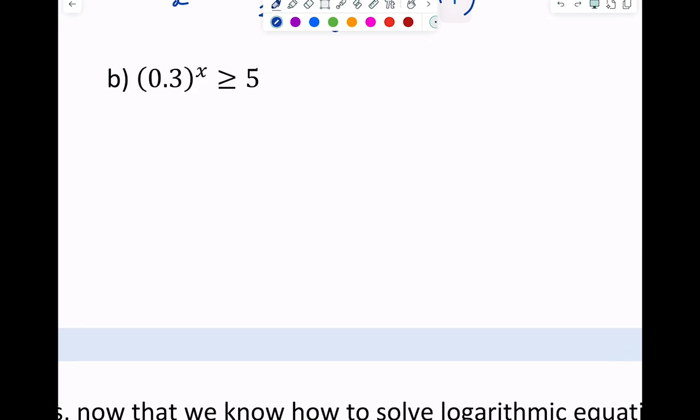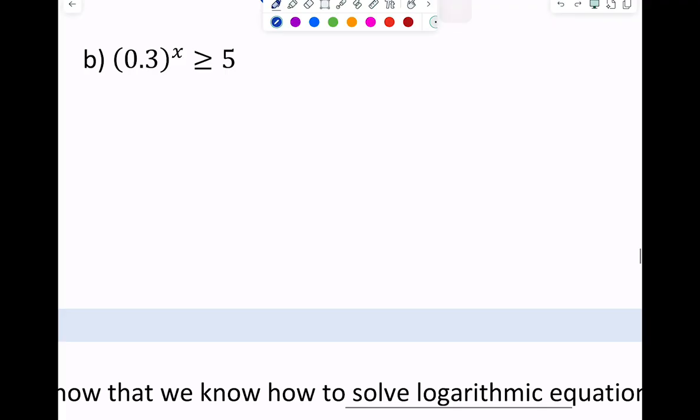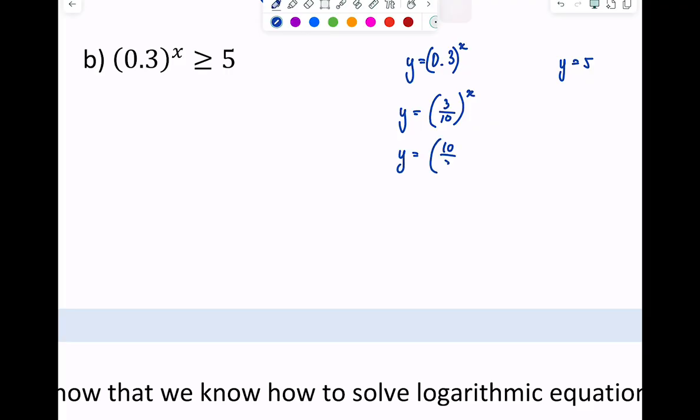Again, we're going to look at this and break it up into the graph of y equals 0.3 to the power of x. And we're also going to look at y equals 5. Because 0.3 as a base is between 0 and 1, we do want to push out that negative power by reciprocating it, and so we are introducing negative indices here. I'm going to sketch up the graph.